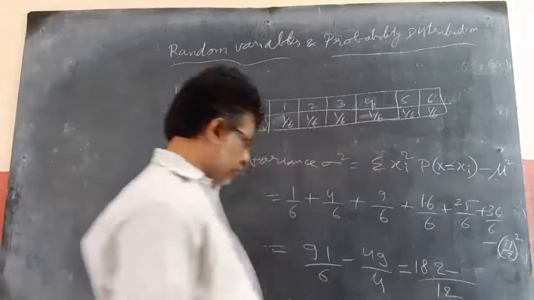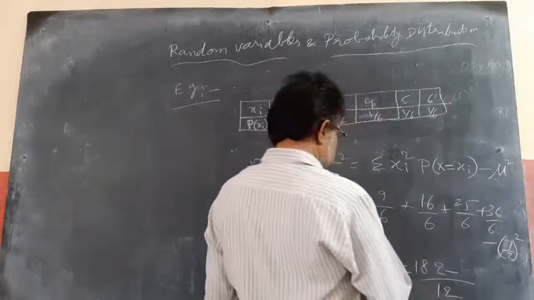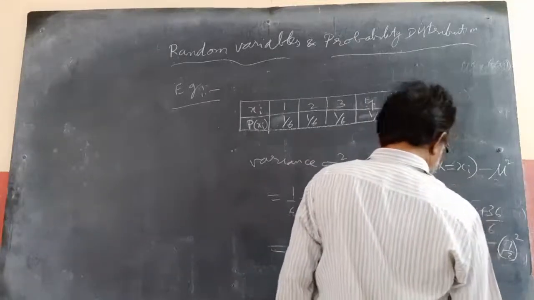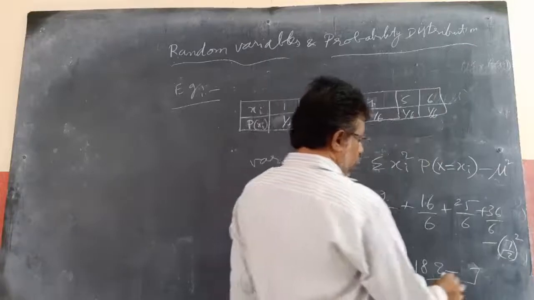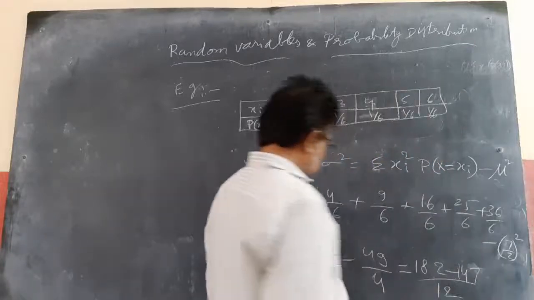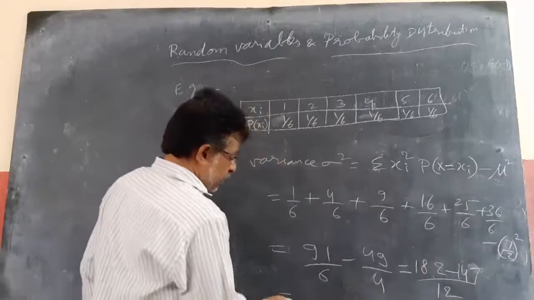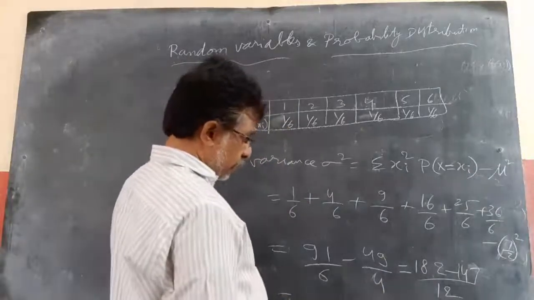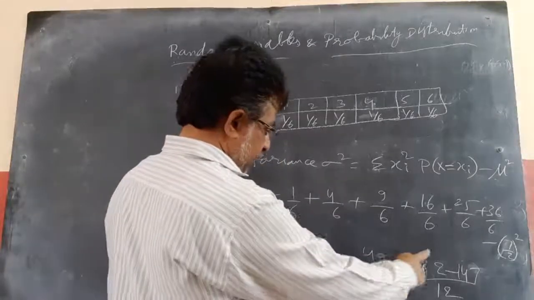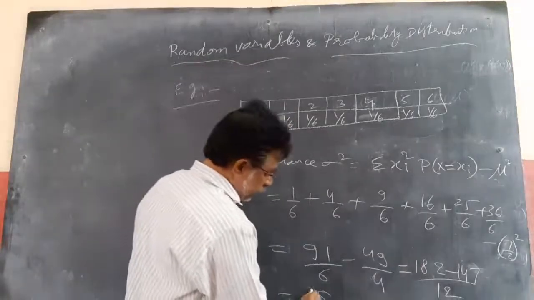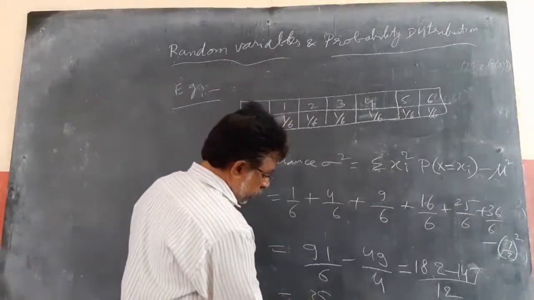Minus, 4 goes 3 times, 3 9 are 27, 3 4 are 12 plus 2, 14. So left out is 182 minus 147, that is 35, and this is 7 minus 4, that is 3. That's it, 35 by 12.